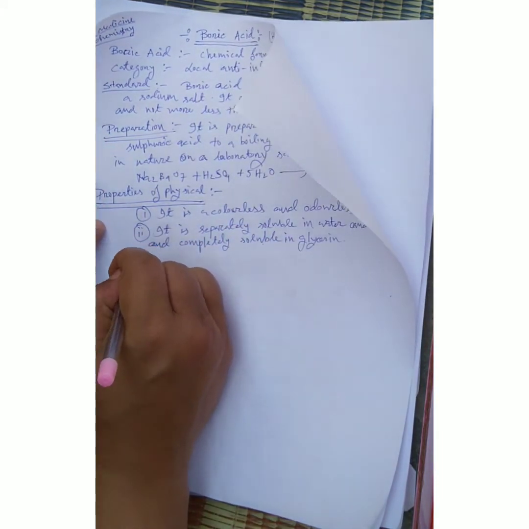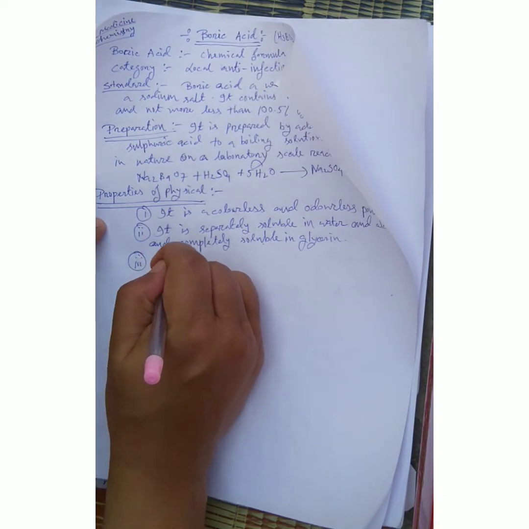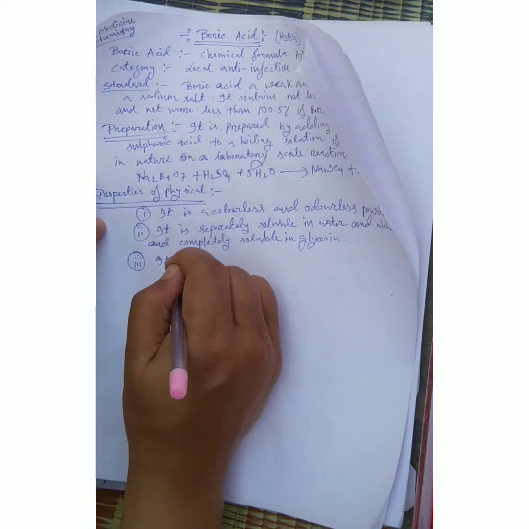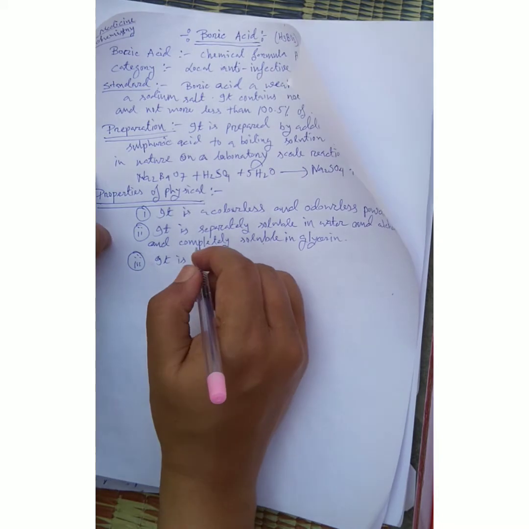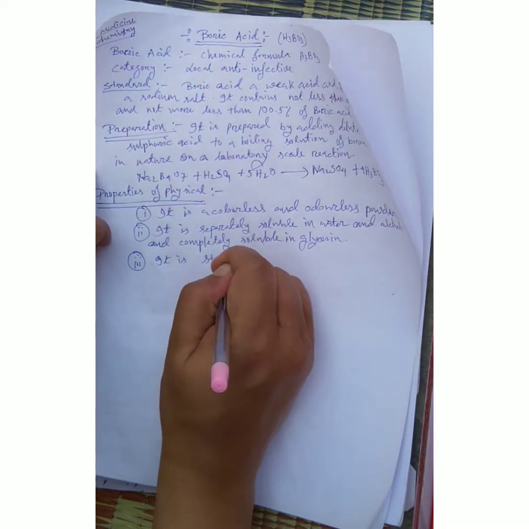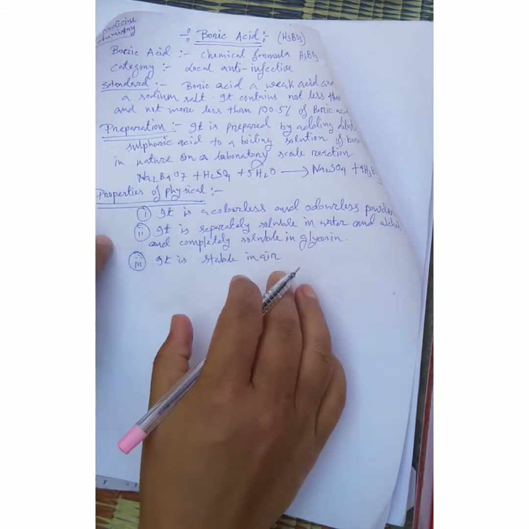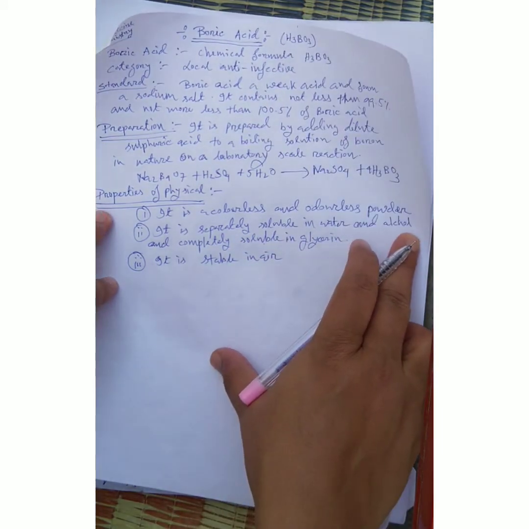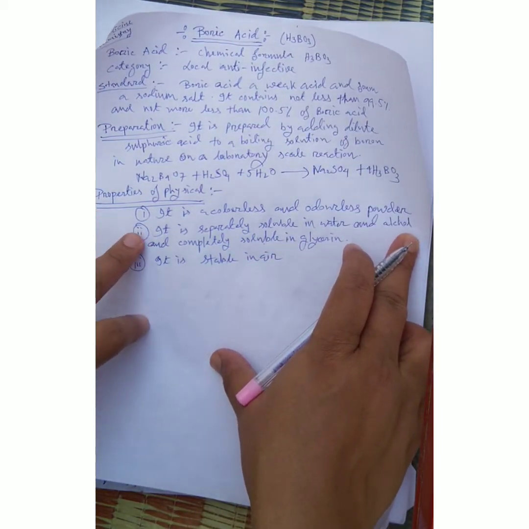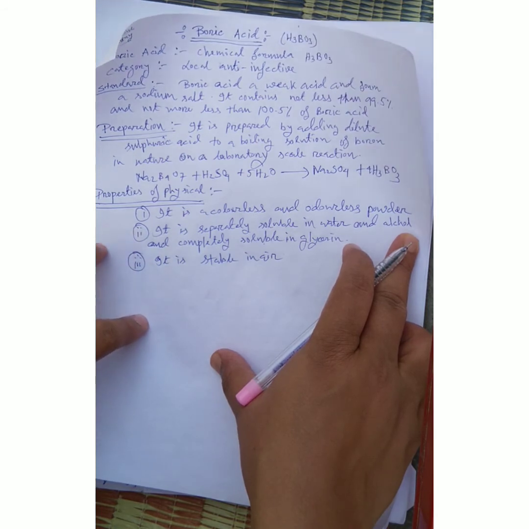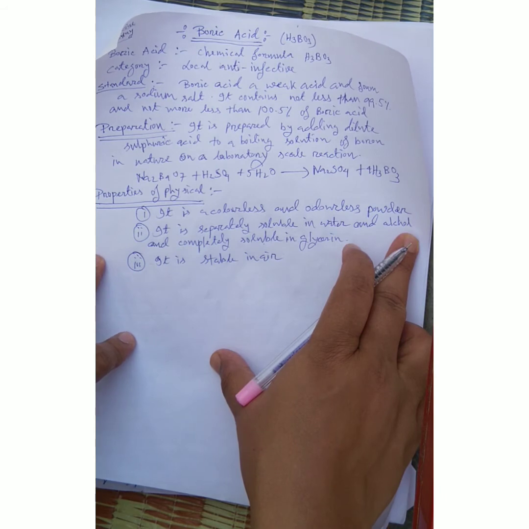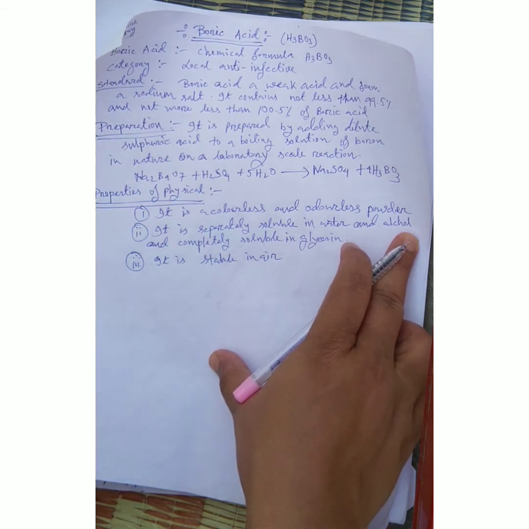Number 3, it is stable in air. So the physical properties: it is a colorless and odorless powder, sparingly soluble in water and alcohol, completely soluble in glycerin, and stable in air.